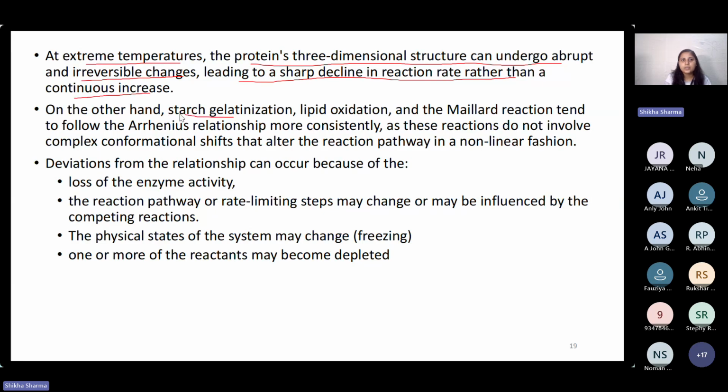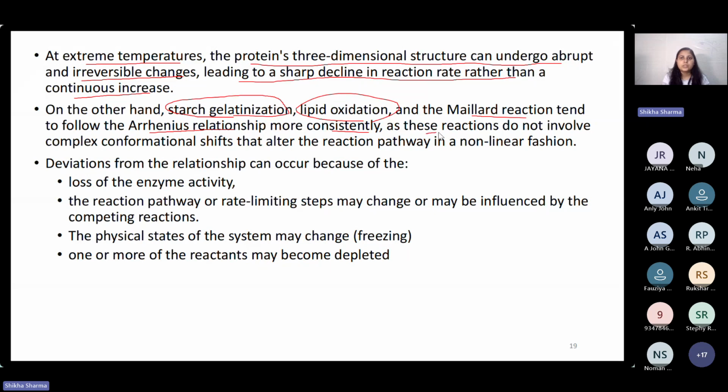Starch gelatinization, lipid oxidation, or the Maillard reaction follow the Arrhenius relationship more consistently than protein denaturation, because of the change in the 3D structure of the protein.